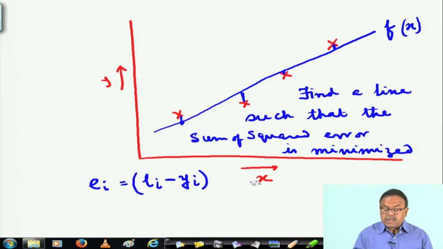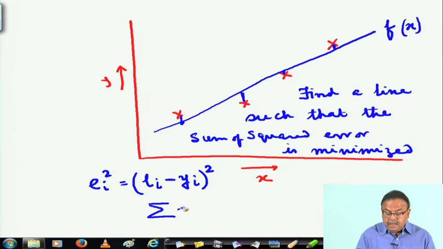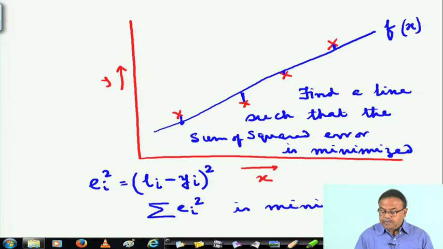That could be a sum of error, but here I can have the square of this error, and I try to find a line such that Ei square is minimized. So, that I get a very good line.